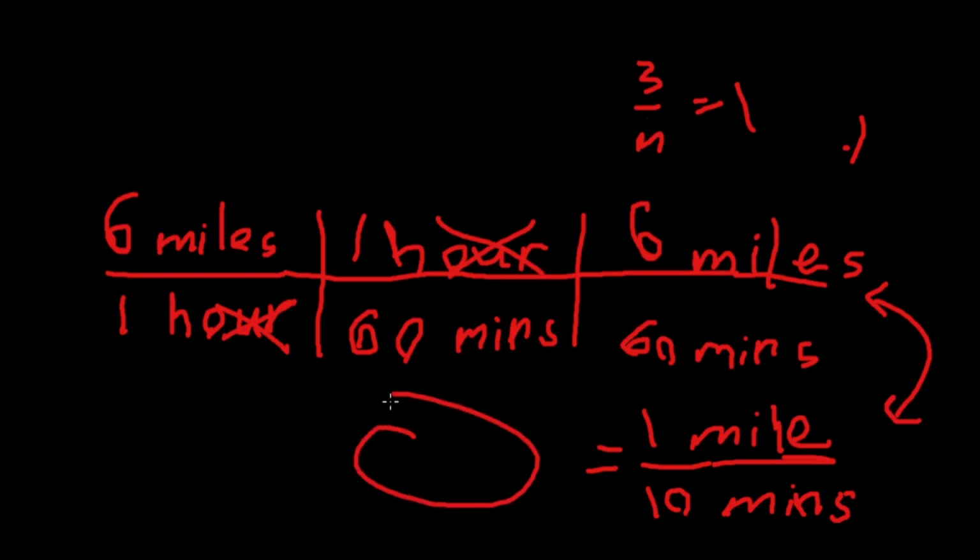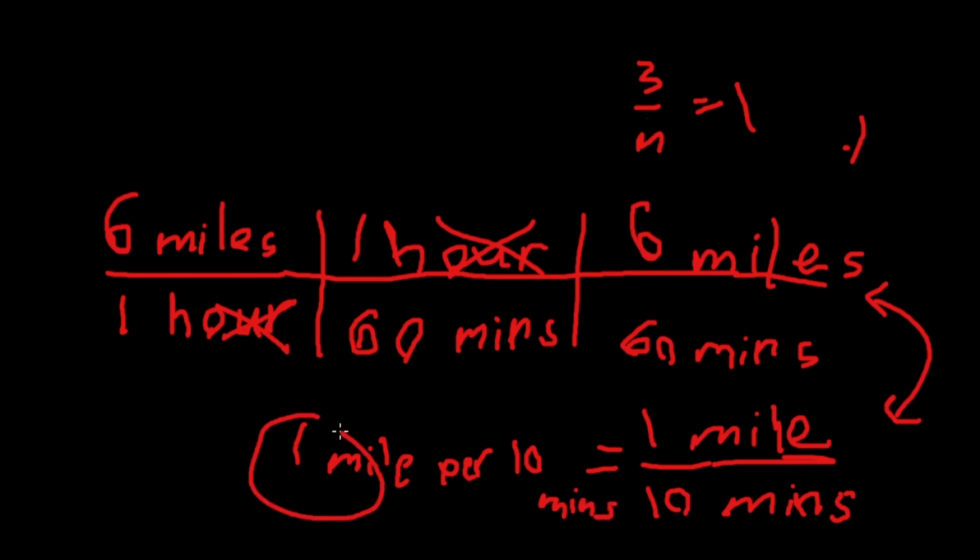This was actually incorrect, what I just did here. So this communicates he runs 1 mile per 10 minutes, not just 1 mile every minute.